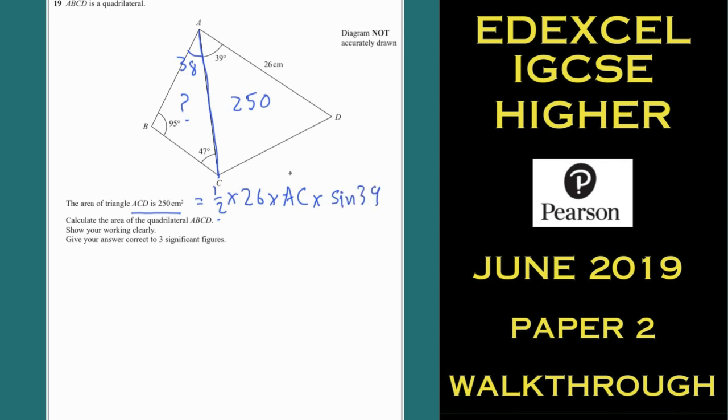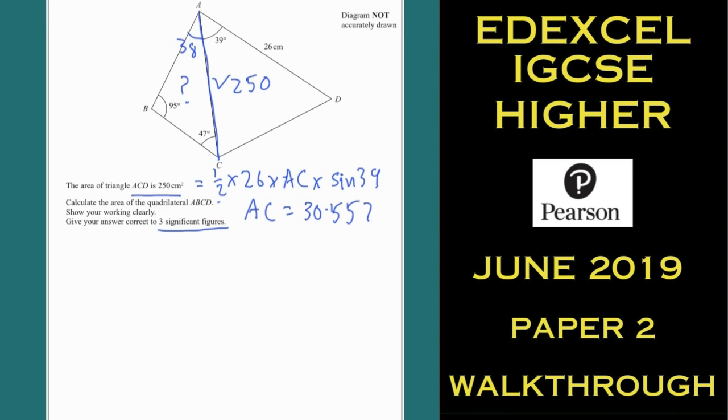So there we go. We just need to grab our calculators, start with 250, double it, divide by 26, divide by sine 39. My calc says 30.55799 and so on, but that's more than 3 sig figs, so that is plenty. That means we now have that side.